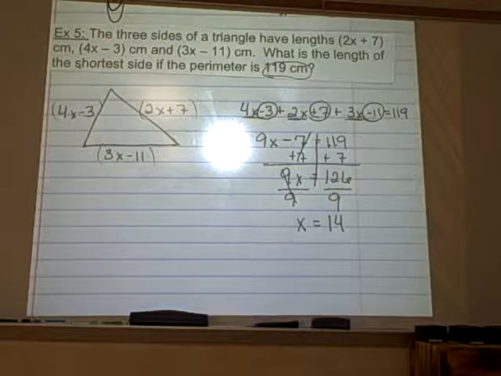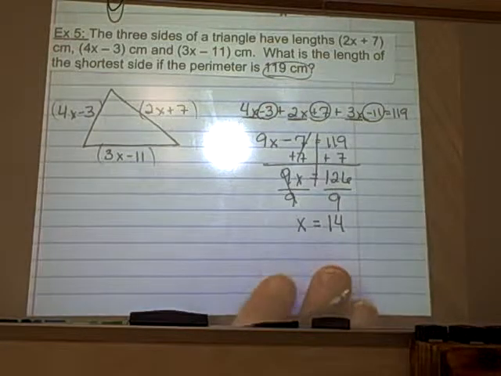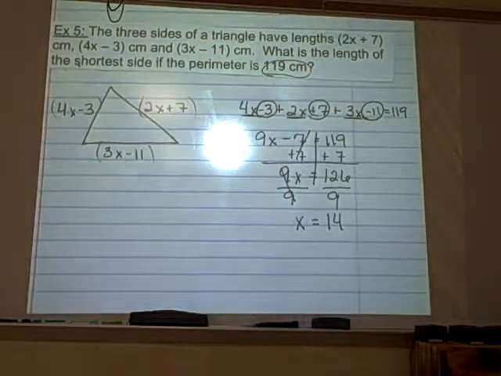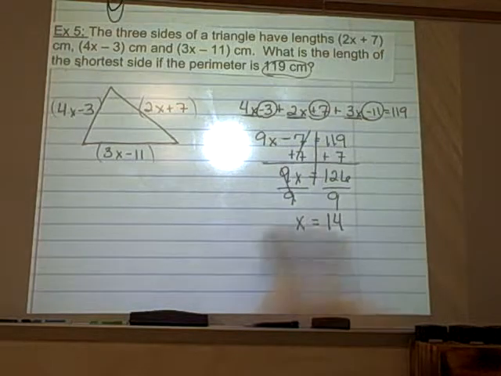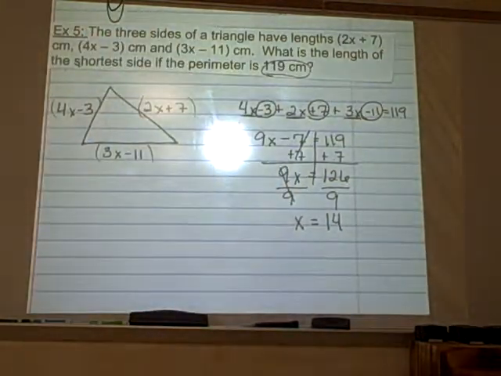Hold on, don't say it out loud. There's people that need to process through this. Okay, so if you get x equals 14, and the question is, what is the length of the shortest side? How am I going to figure that out? Because that's not any of the sides. There's not a single side here that's just x. So what do I do to figure it out?